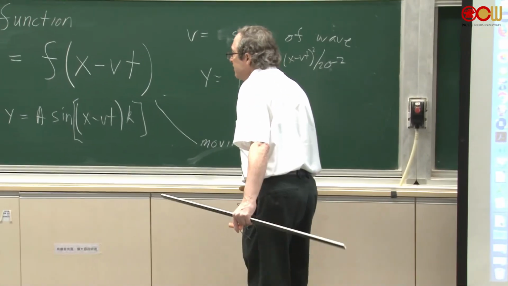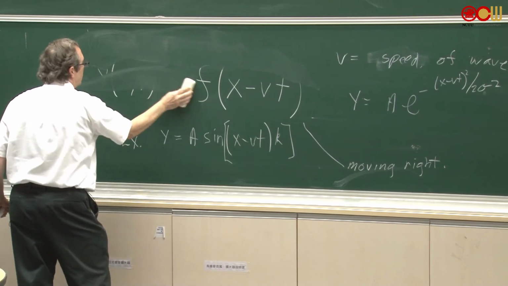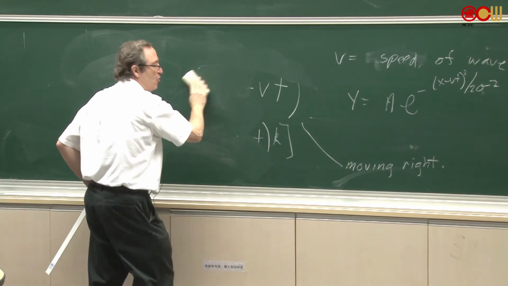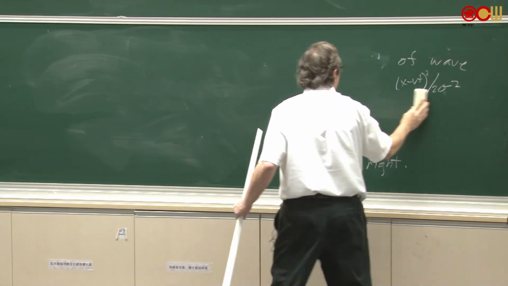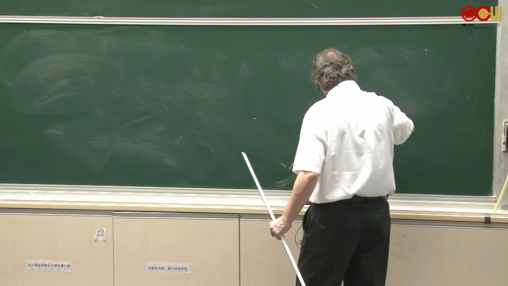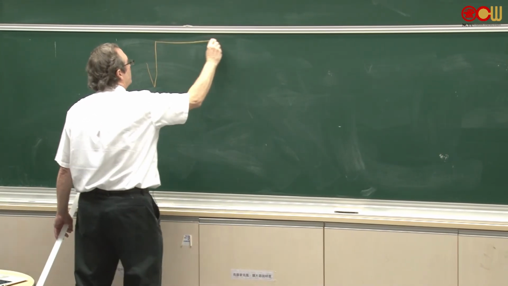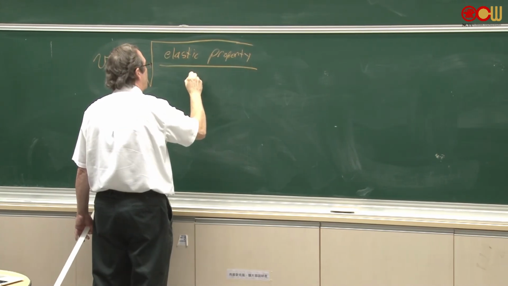But it turns out that the wave speed is always given by the square root of some elastic property divided by some density. V is always equal to the square root of an elastic property divided by some kind of density.